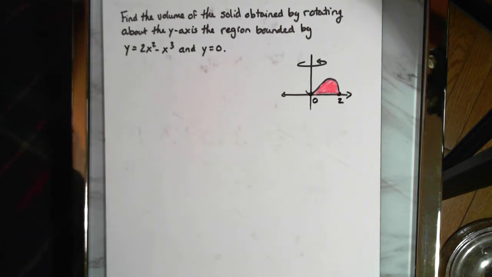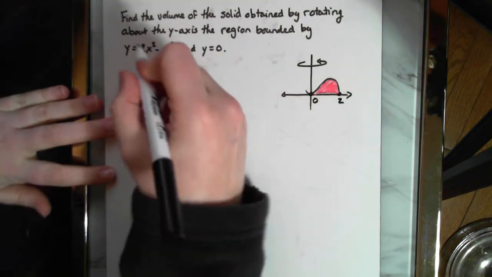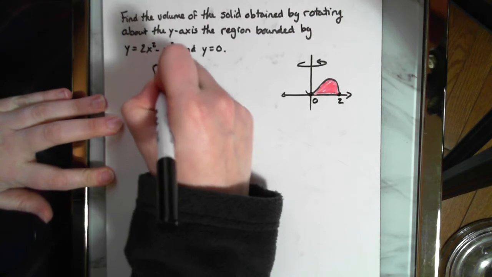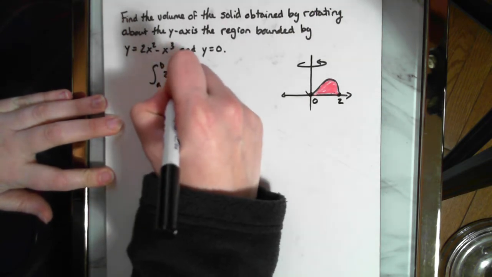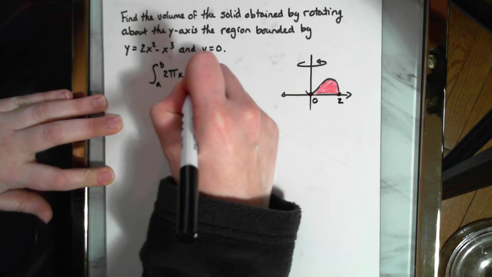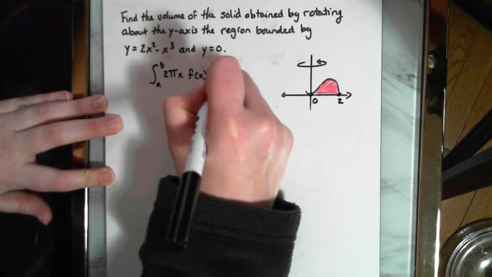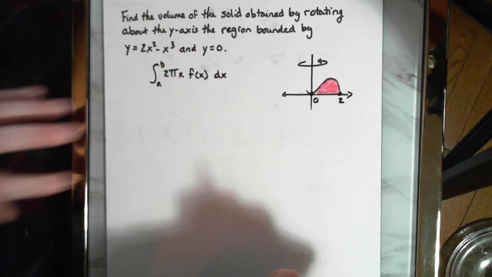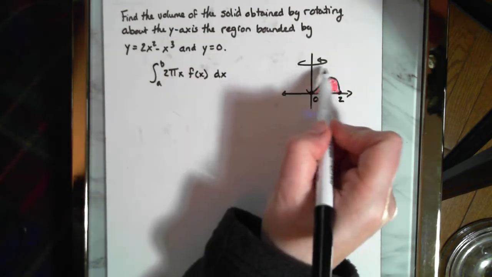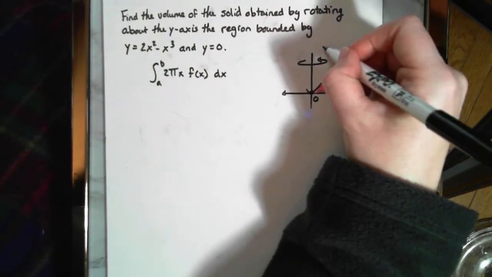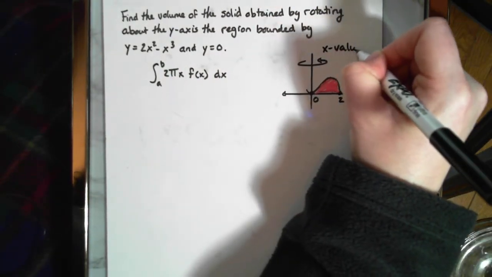So I'm going to start out with my general formula. It's the integral from a to b of 2 pi x f of x dx. Now we're doing a vertical axis rotation, so I need x values here.